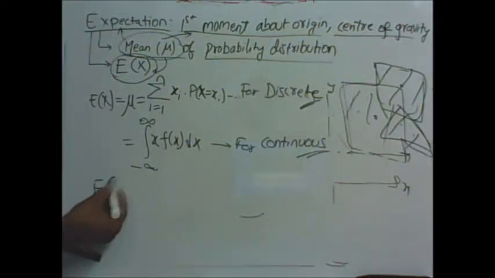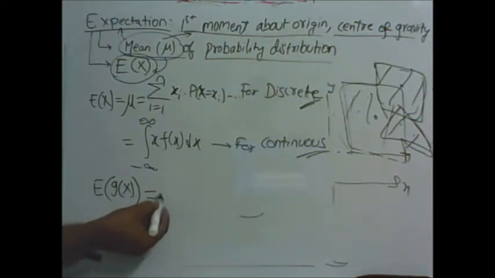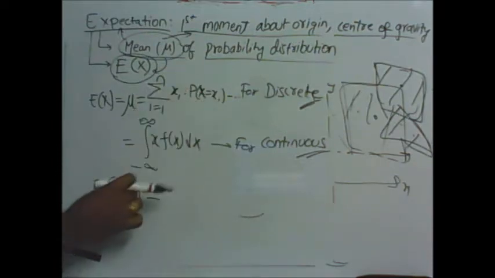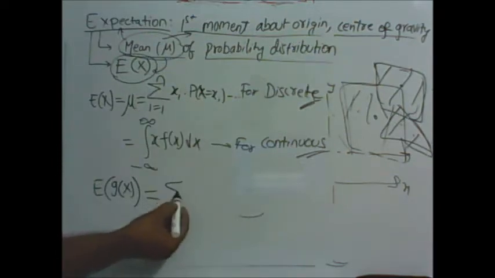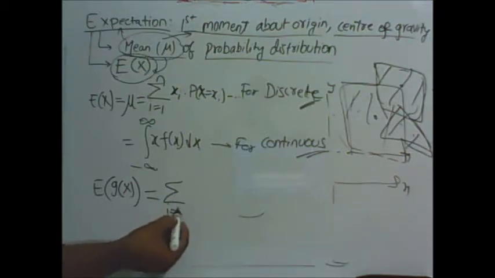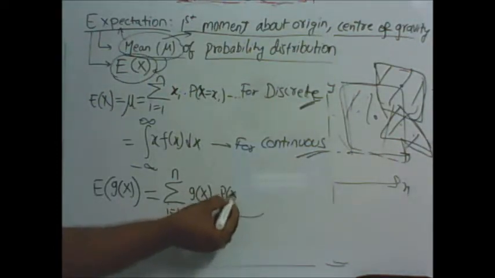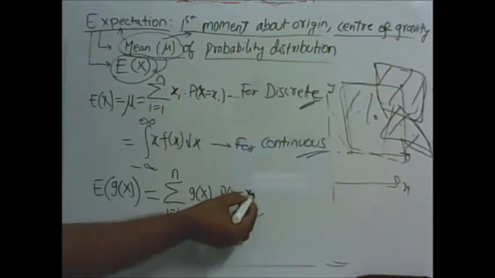If instead of x he has given some other function of x, then everything will be the same except that in place of x we will place g of x. If it is discrete, then it will be summation 1 to n g of x into p of x equal to xi.